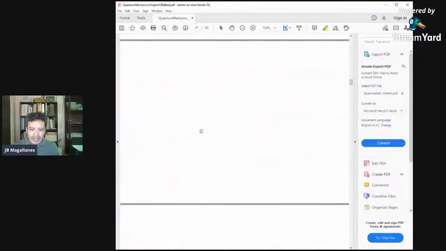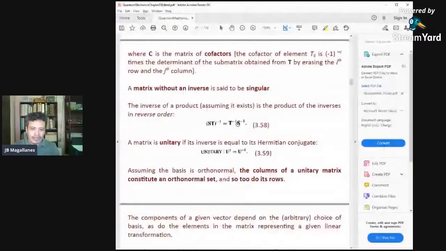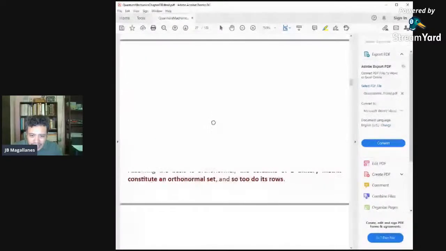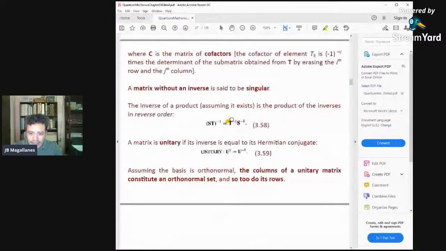So here you have S times T, the inverse of S multiplied to the T matrix. This is just equal to T inverse multiplied to S inverse, not S inverse multiplied to T inverse. The order of S and T is reversed here.